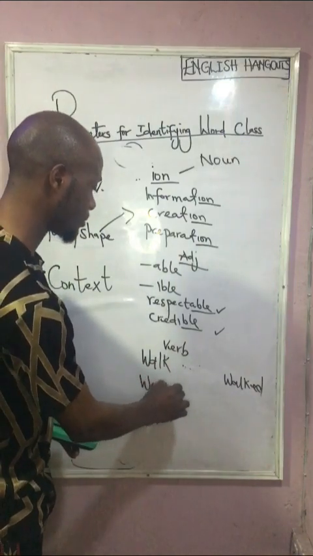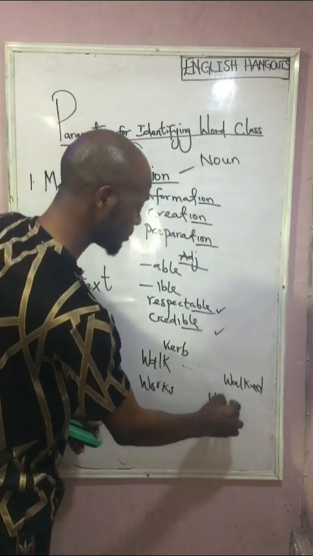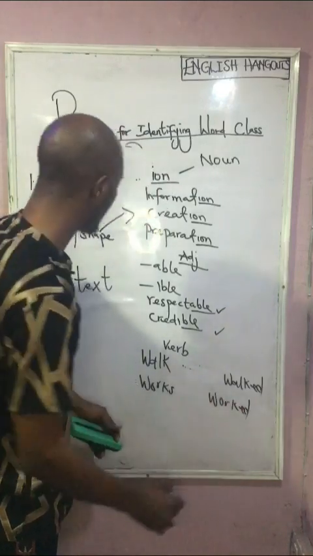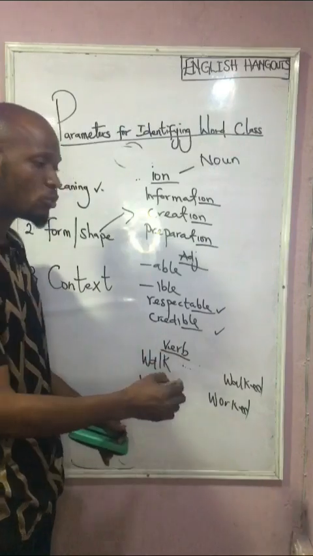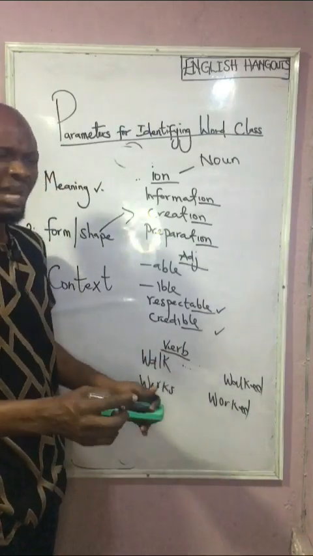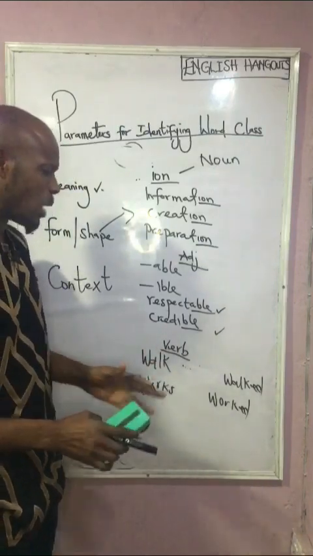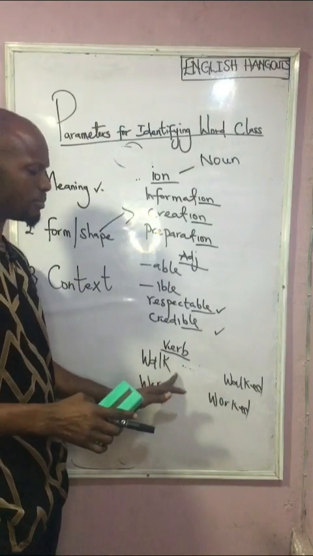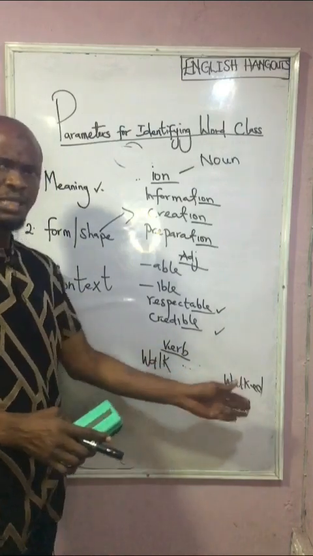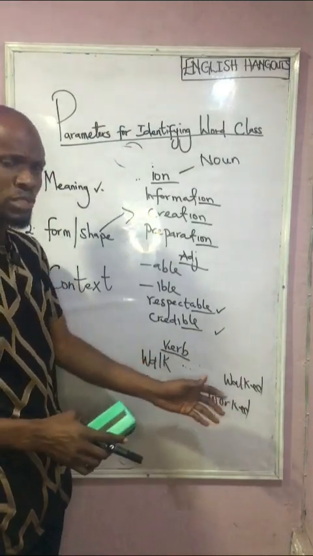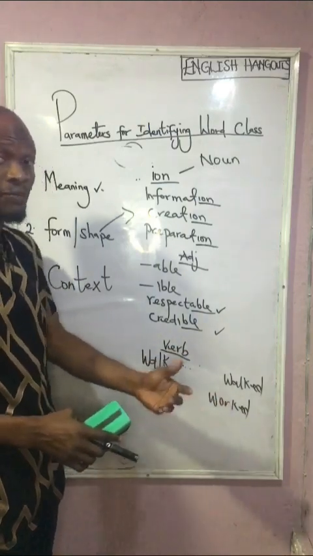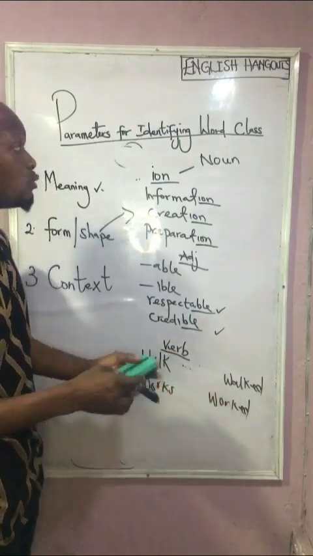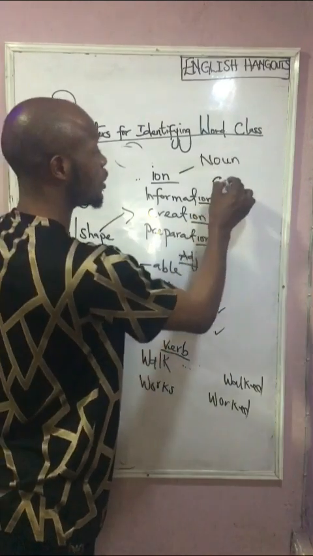Walks, walked. This is another form or another shape that a verb could take. As such, you can easily use this to identify, oh, this is a verb. This verb is used in the present tense. This verb is used in the past tense, because verbs also take inflections. The same way nouns also take inflection. We have car.